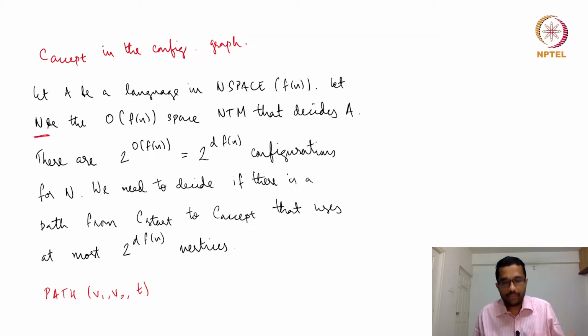This is something we have already seen in one of the previous lectures. N can have at most 2 to the power order f(n) configurations. Instead of working with an asymptotic and abstract order f(n), let us fix the constant involved and call it d times f(n), where d is some constant.